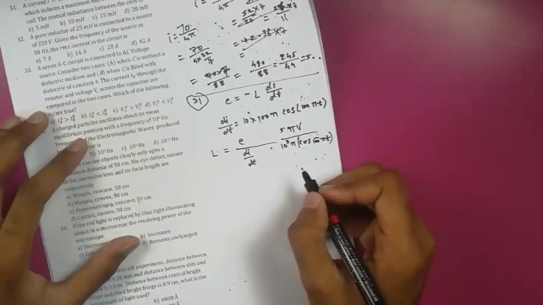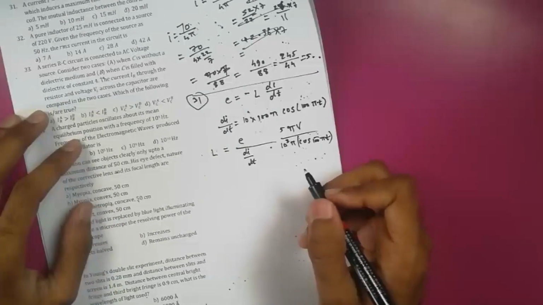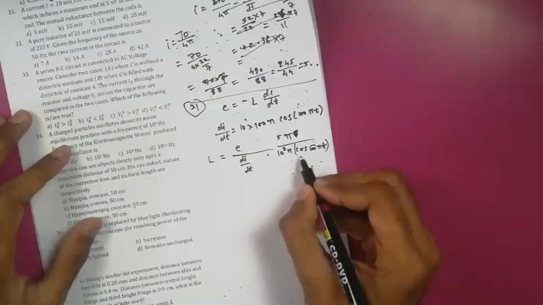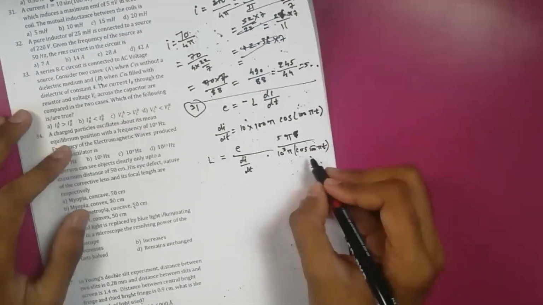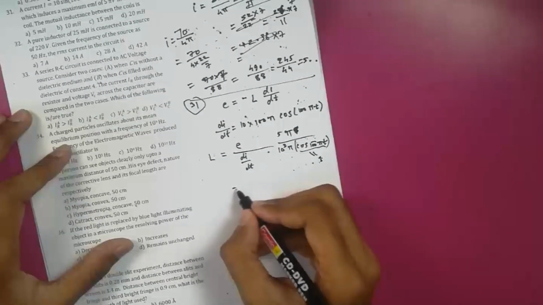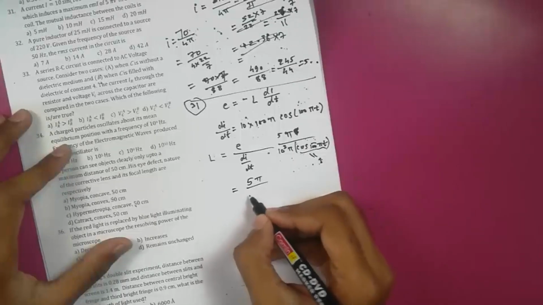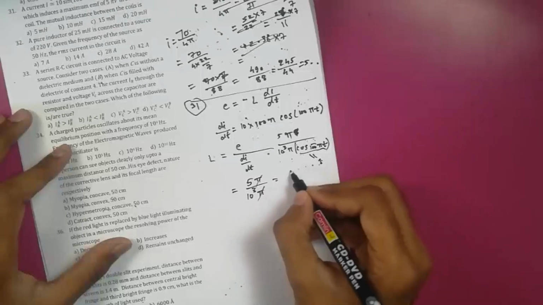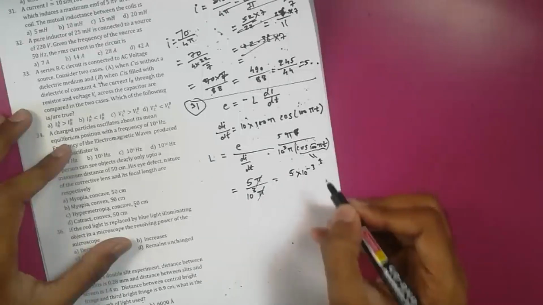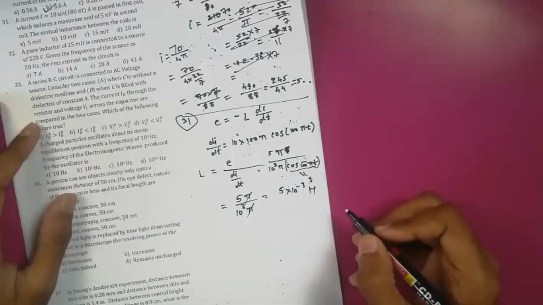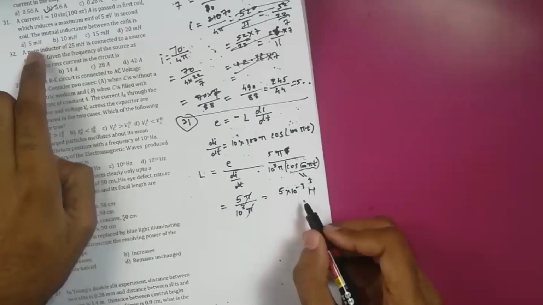Because cos of n number of pi, because this is an even number, you will get this as equal to 1. So this will be 5 pi upon 10 to the power 3 pi into 1, which is nothing but 5 into 10 to the power minus 3. Because this is calculated in Henry, this is nothing but 5 millihenry. So the correct option is this one.